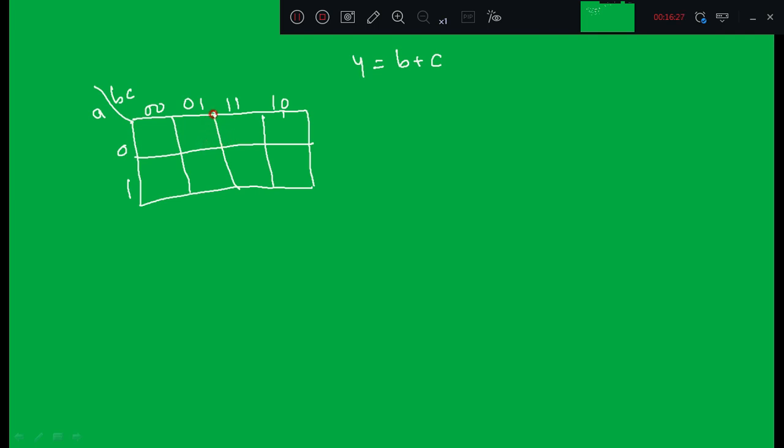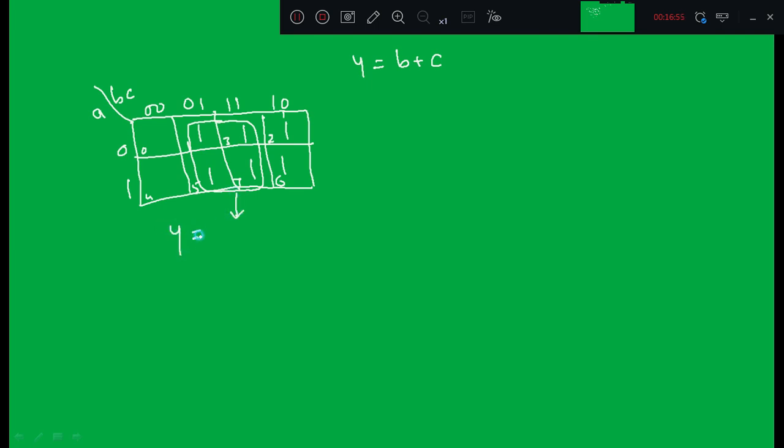See, the function is 1 2 3 5 6 7. This is 0, this is 1, this is 3, second row cells 4 5 7 and 6. I cannot put all 6 ones in one group because 6 is not a power of 2. So I'll take 4 ones and put them in one group. What is the expression for this?